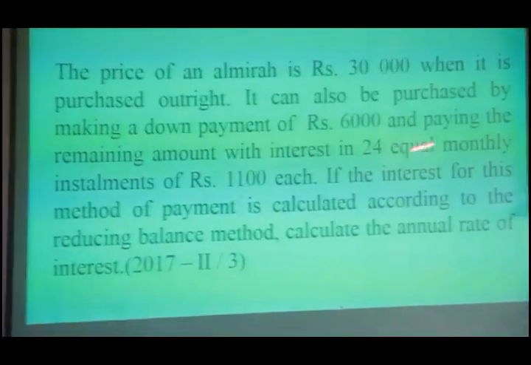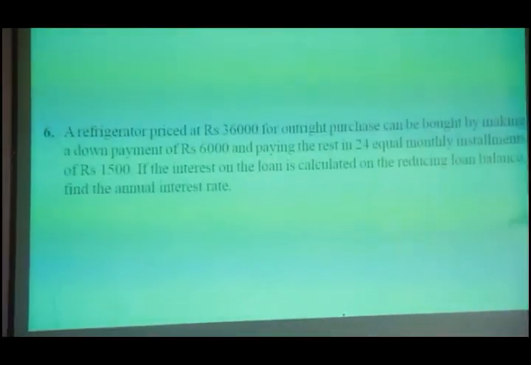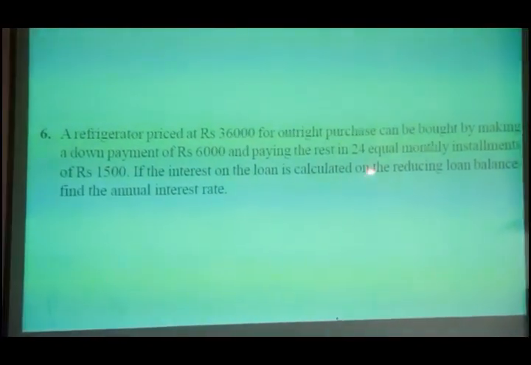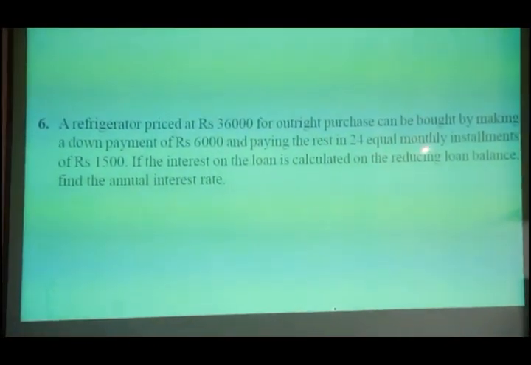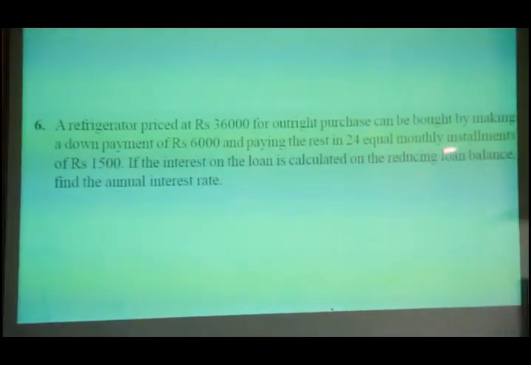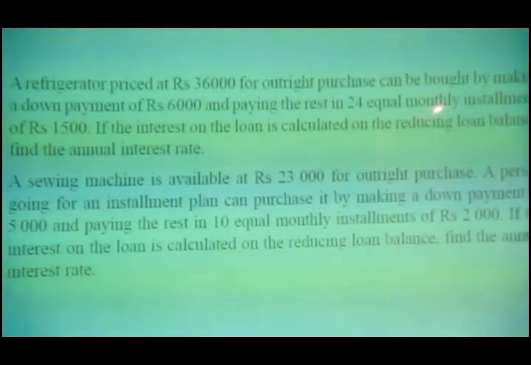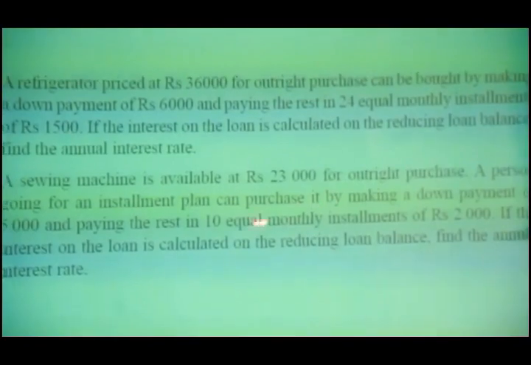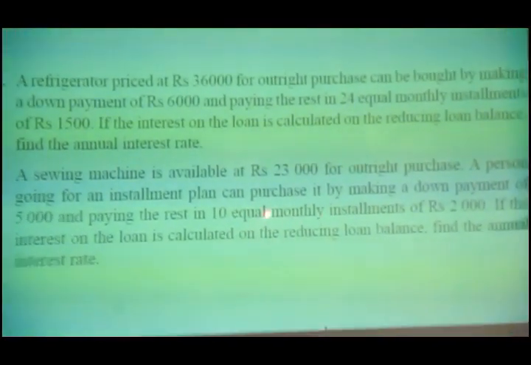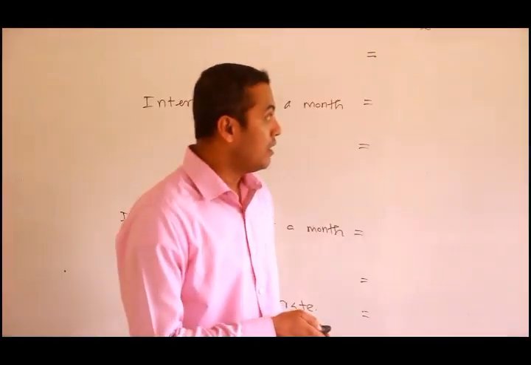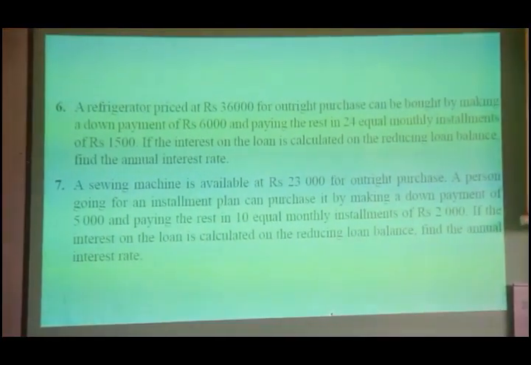This was in the past paper question 2017, and before that in the 6th question which we did, and one before that. There are certain questions which involve equal monthly installments.